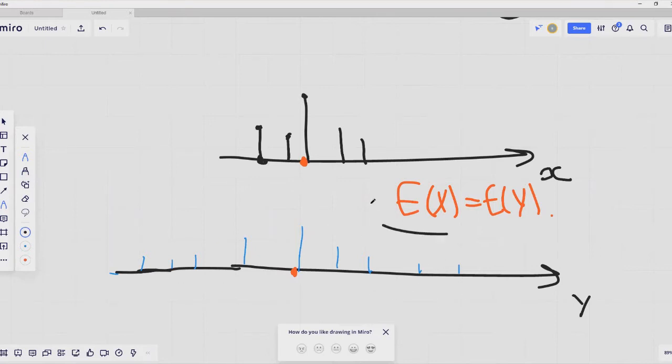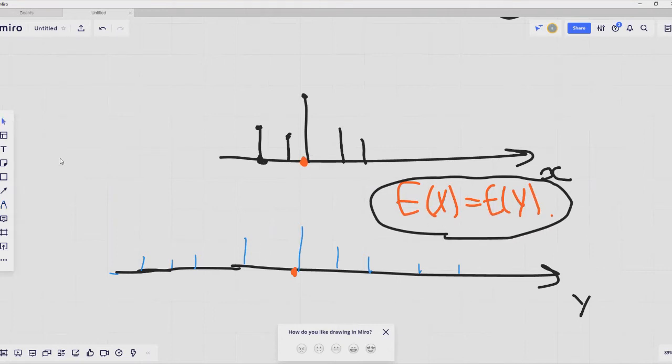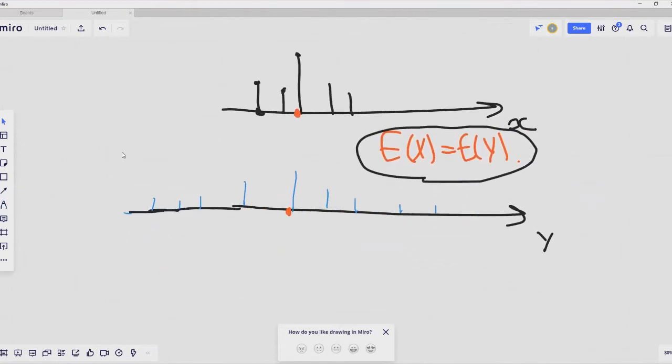So using a single measure of central tendency, expected value, we cannot compare those two random variables. For this reason, we have to implement a measure of spread, which is going to show us how spread out our data is.